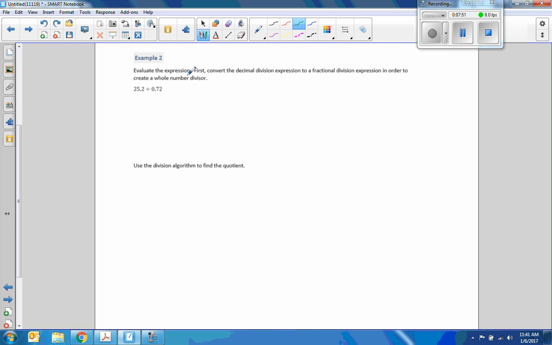Evaluate the expression, first convert. So we're doing what we did before, but now we're going to evaluate it. So I take 25.2 divided by 0.72. There are 2 decimal places, so I'm going to multiply by 1 and 2 zeros, top and bottom, and that will move the decimal 2 places, so I'd have to get a 0.